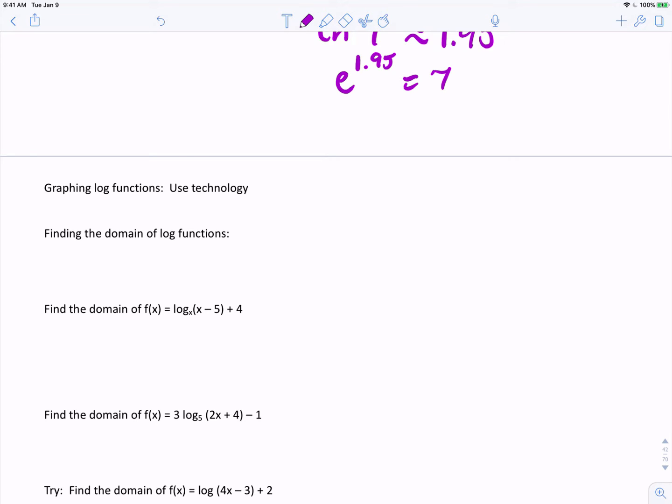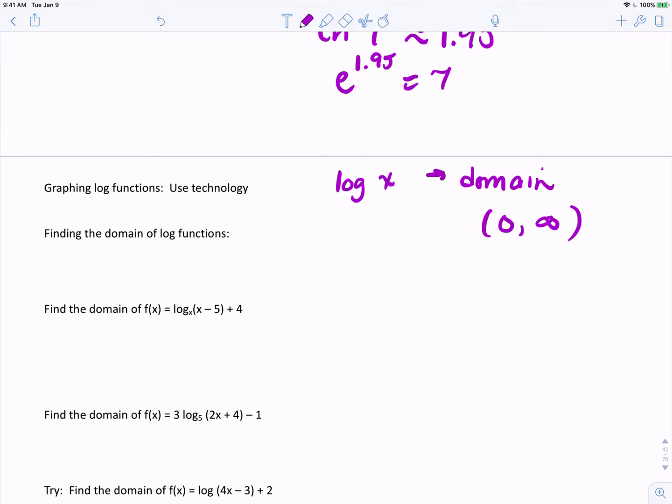Finding the domain of log functions. Remember, the domain of a log function is all positive numbers, so the domain would go from 0 to infinity.